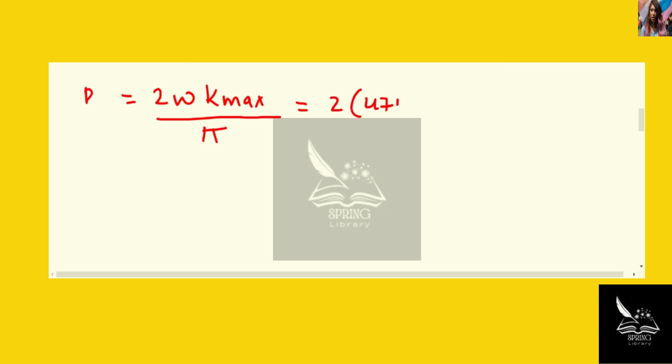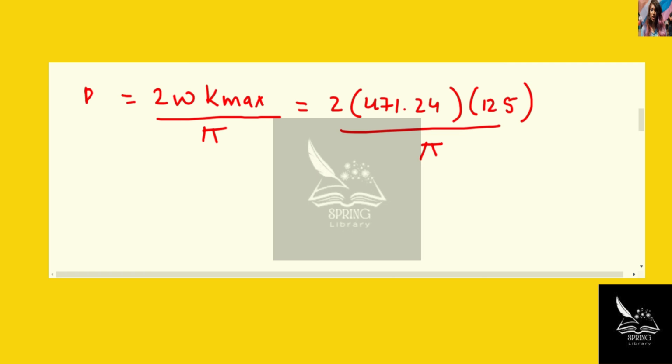So now we can just put P equal to 2 omega K max upon pi. Now just put the values of it: 2 into 471.24 into 125 upon pi.